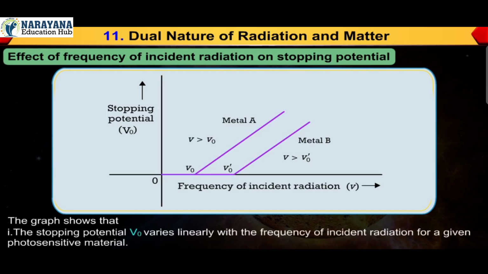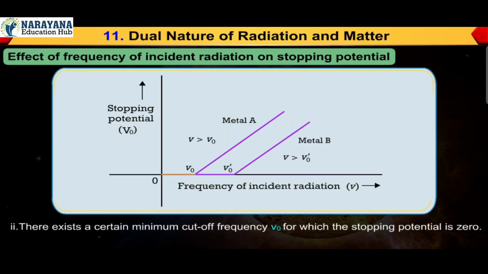The graph shows that number 1, the stopping potential V0 varies linearly with the frequency of incident radiation for a given photosensitive material. Number 2, there exists a certain minimum cutoff frequency nu0 for which the stopping potential is 0. These observations have two implications.